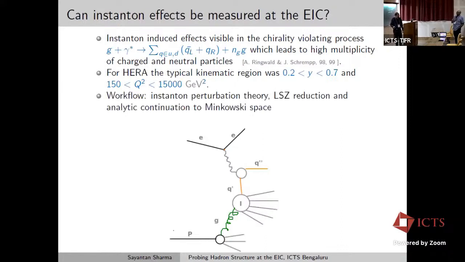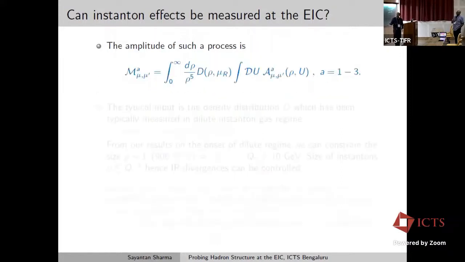So one needs the distribution, like here. One needs the distribution of the radius of the instantons as well as this amplitude. If one does the mod square of it, then this part depends on the interaction strength between the instanton and anti-instanton. So that we can constrain by looking at the distances between instanton and anti-instanton. And the radius distribution also we can constrain very well from the lattice. Of course, it's a difficult problem, but one can do that.